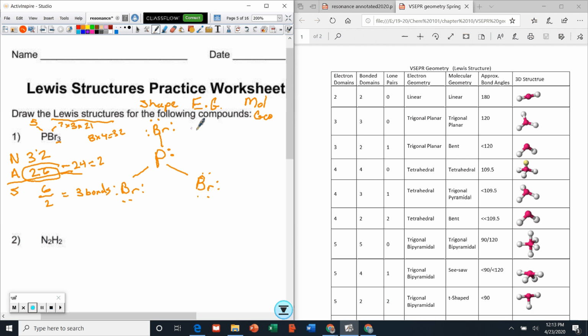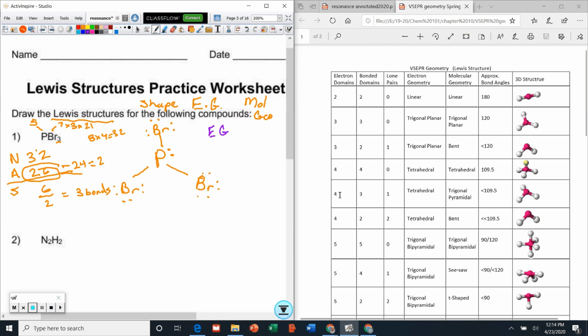Now, what about the shape? So electronic geometry, e.g., how many areas of electrons do we have around phosphorus? We have 1, 2, 3, 4 because we have that lone pair. Lone pair counts as a place and each bond counts as a place. So we have 4. So I'm coming here to this section where I have 4 and 4.